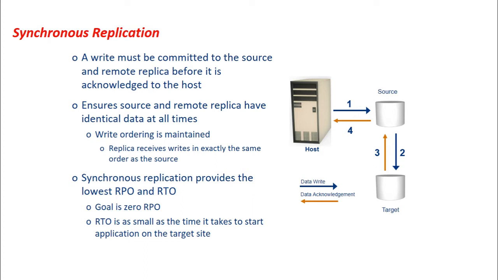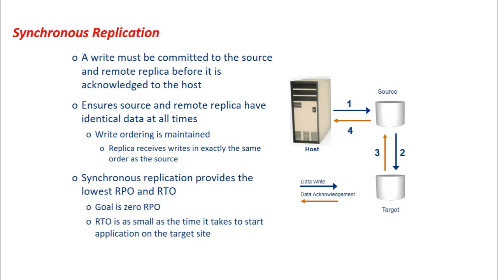Here, write ordering is also maintained, that is, the replica receives the writes in exactly the same order as the source. Whatever data was written to the source first will be written to the target first as well.